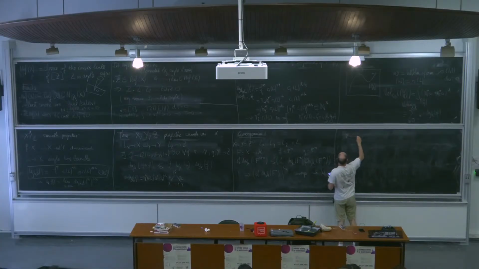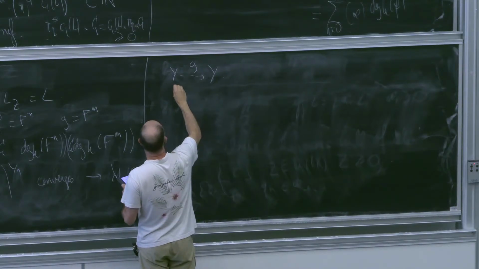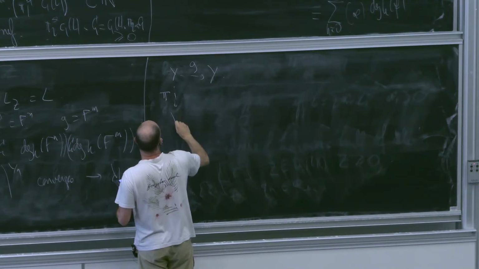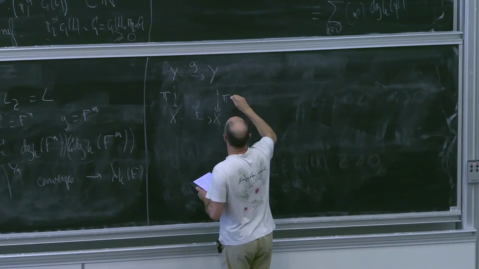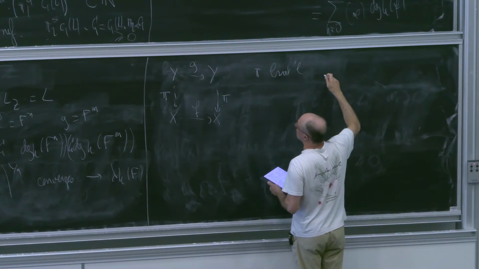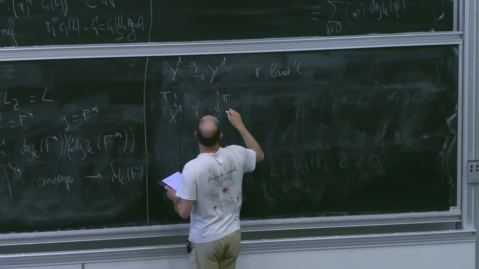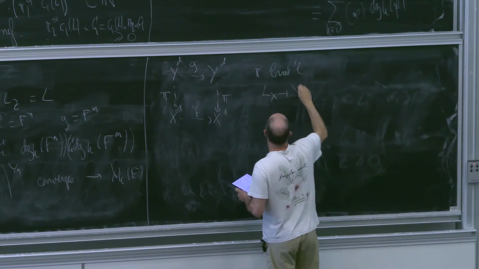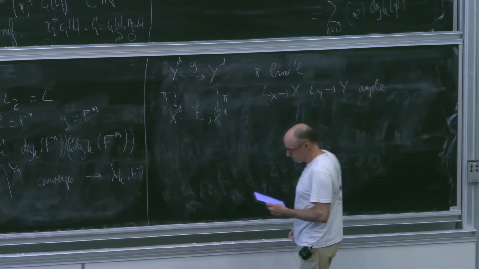So what is a statement that contains both of these things? You have a diagram like this, with X, Y and pi, where pi is birational. F and G are dominant, all of dimension D, and you have Lx and Ly ample divisors.